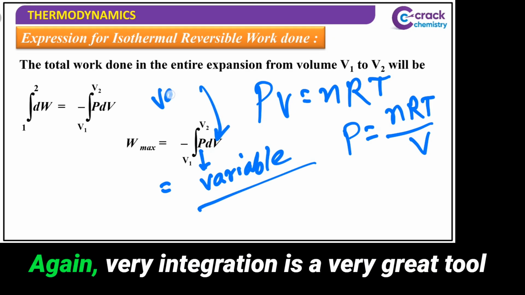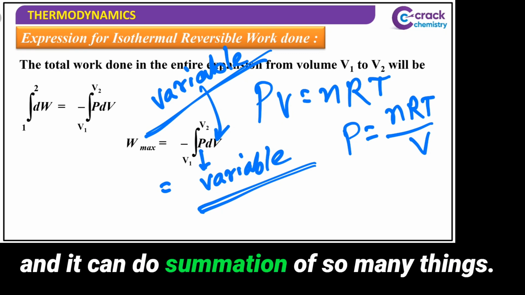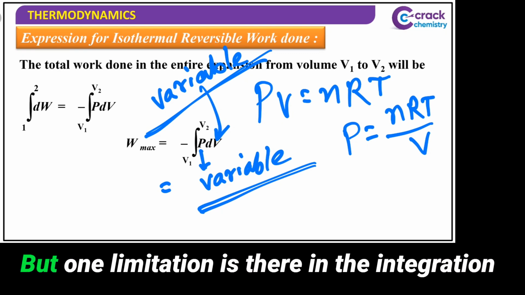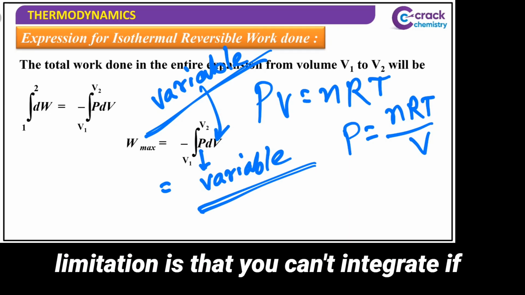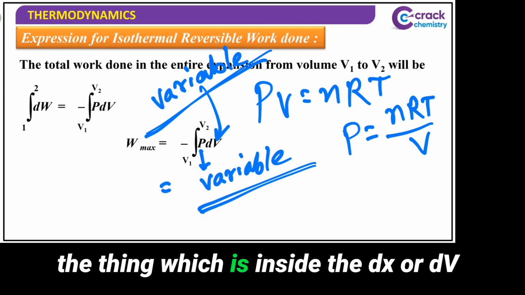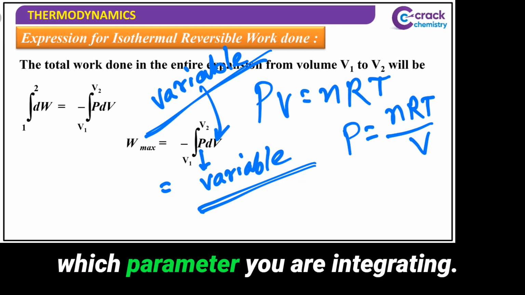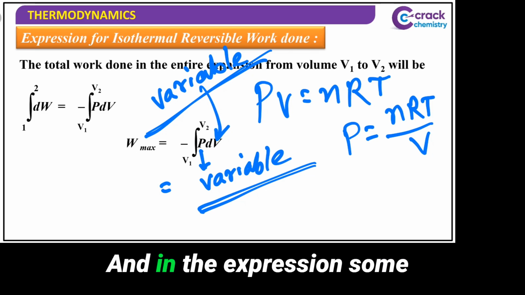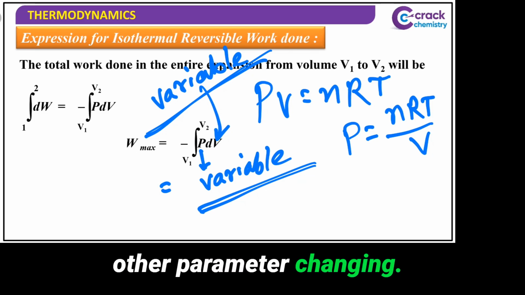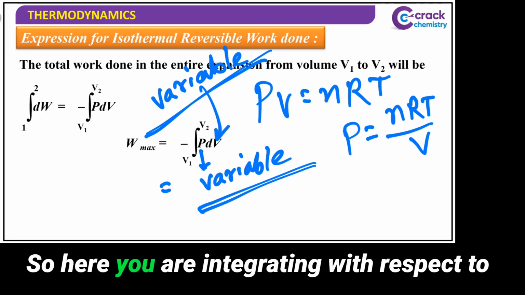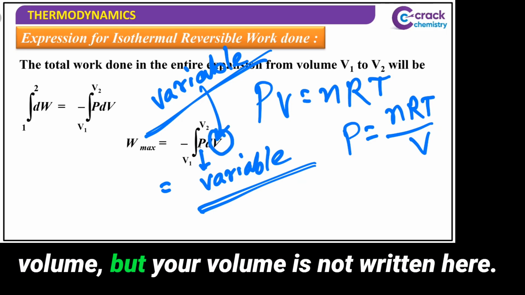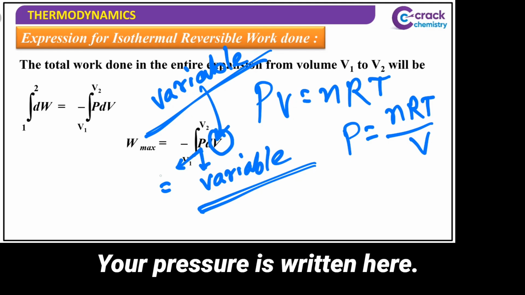V, volume, is again a variable. Integration is a very great tool and it can do summation of so many things. But one limitation is there: you can't integrate if, with the parameter you are integrating, some other parameter is changing in the expression. Here you are integrating with respect to volume, but volume is not written here, pressure is written.